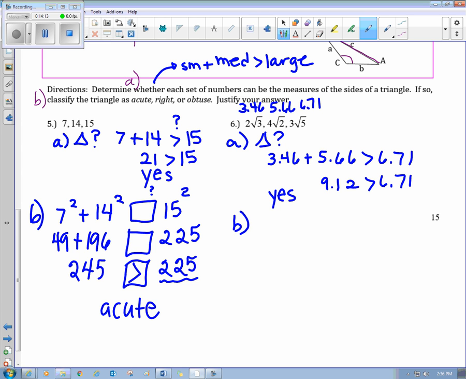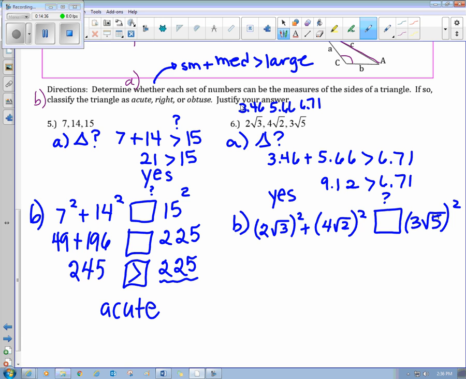Part B says to classify what kind of triangle you have. Again, it's the small side, and I'm actually going to use the radicals here. A squared plus b squared, the small and the medium sides, and I'm trying to determine how they compare to my c squared. So I'm going to square these.